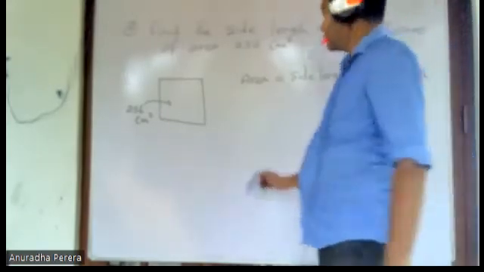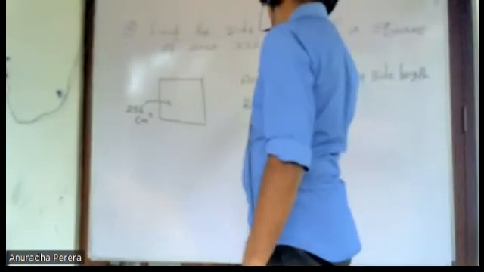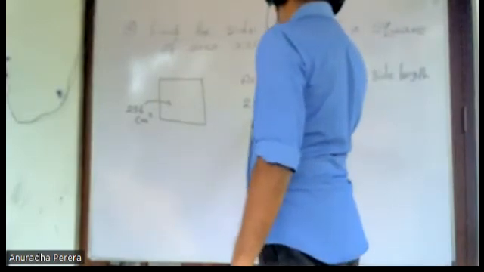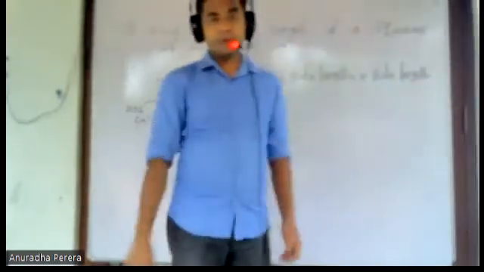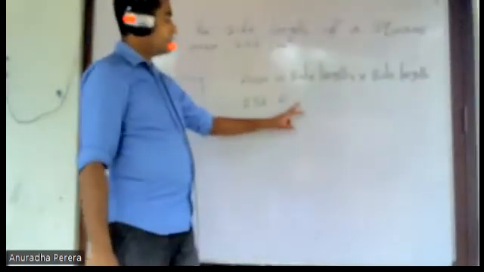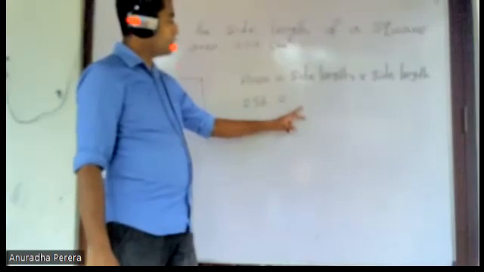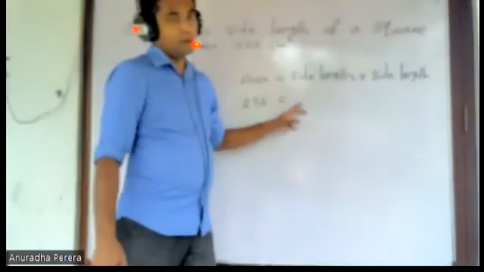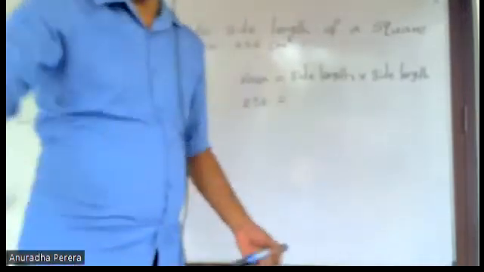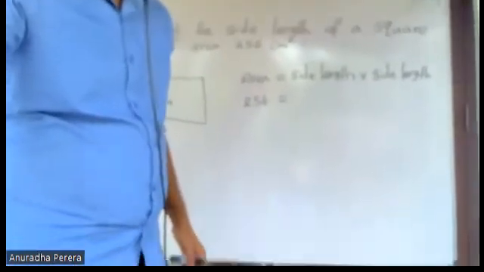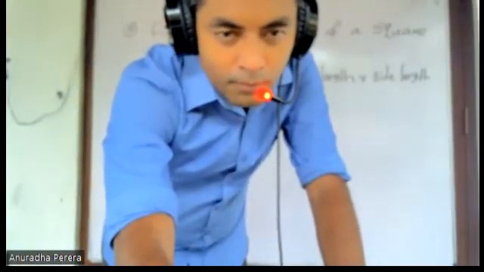Then we need to obtain 256. If you find the square root of the given area, we can determine the side length.